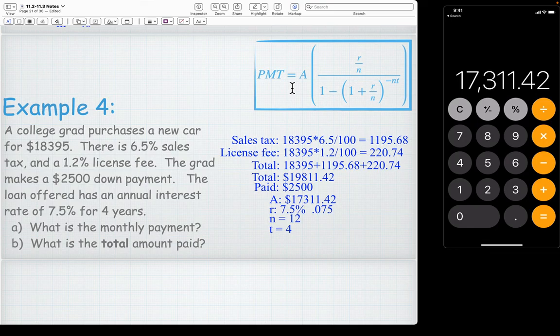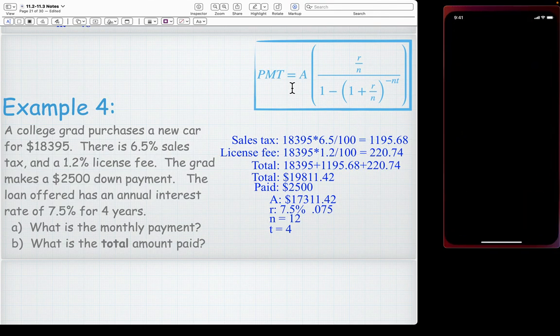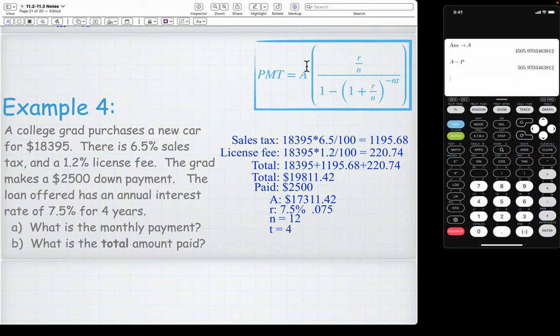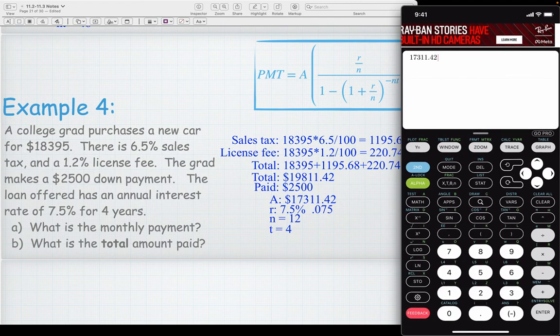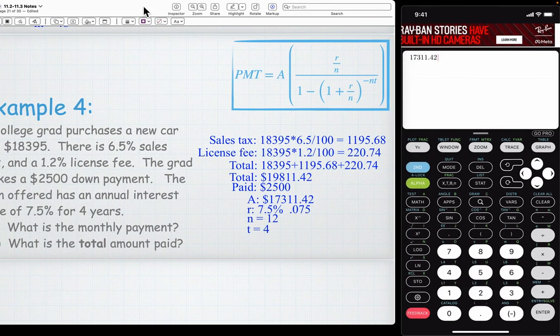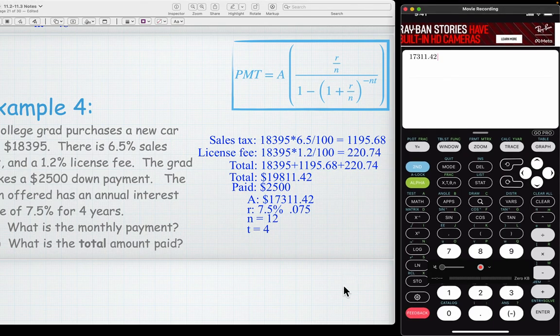And so I'm going to switch to my calculator app. And the amount, so that's 17311.42. See if I can make that a little bigger and easier for you to see. And so I'm going to store that.